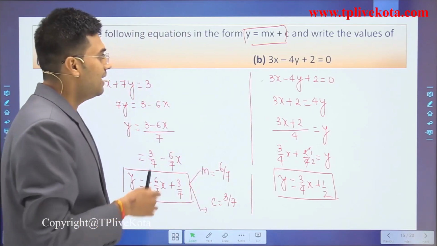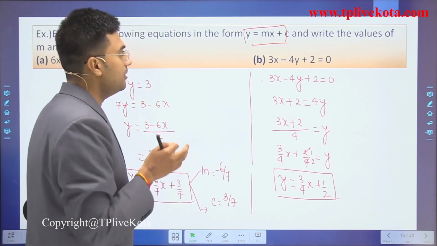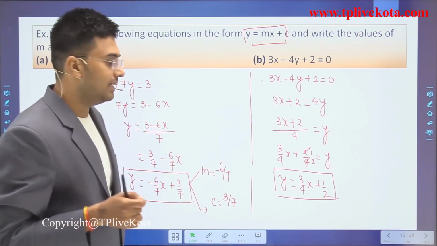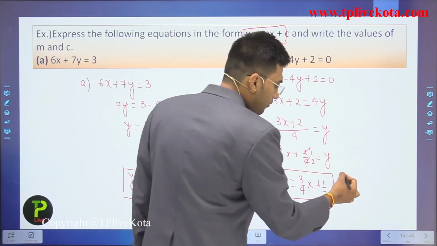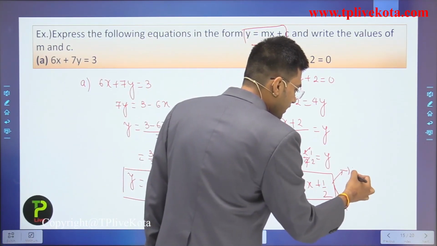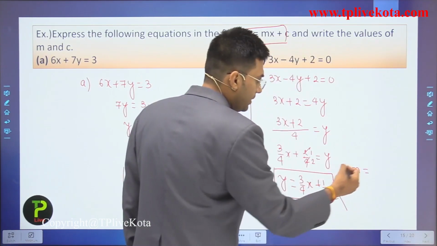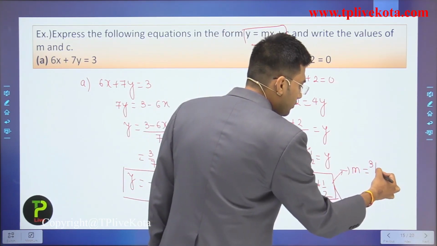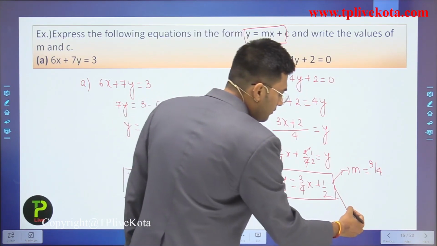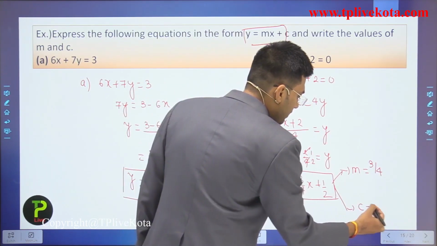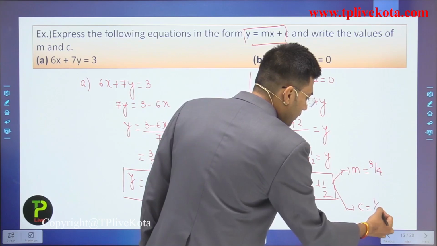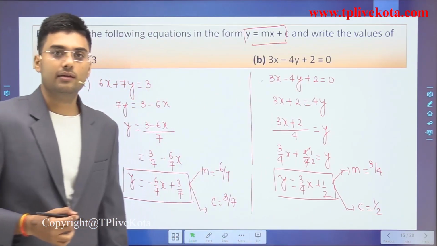So students, if we compare this equation with y is equal to mx plus c, here the value of m is what? M is the coefficient of x, so the value of m is 3 by 4, and the value of c, the constant term, is 1 by 2. Clear?